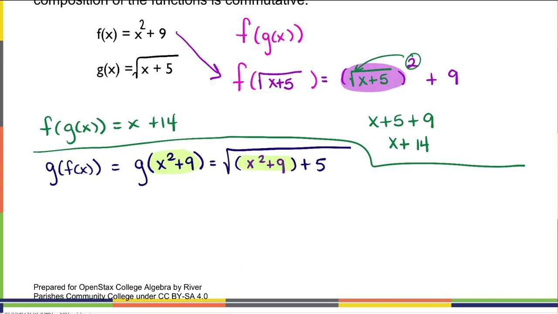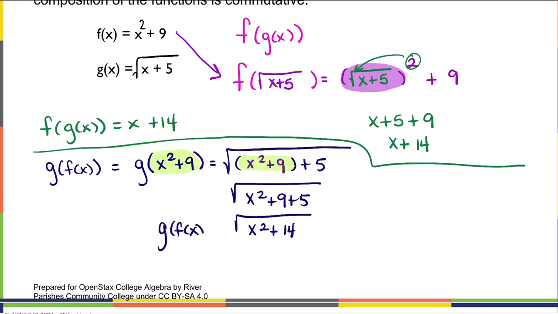So now, we simplify the inside, which is x squared plus 9 plus 5, and that is x squared plus 14, but that's under the square root sign. So g of f of x equals the square root of x squared plus 14.